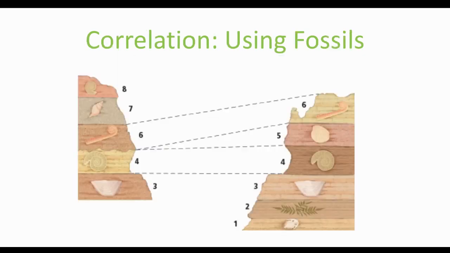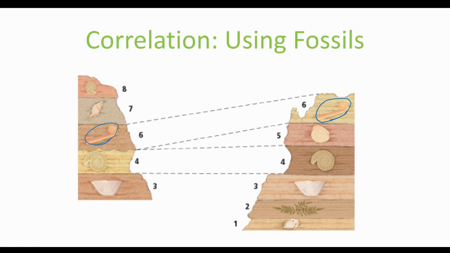We can also correlate using fossils. Correlating fossils from rock layers in one location to rock layers in another location shows that the layers were deposited during roughly the same time period, even though the layers are of different material. If we look at this fossil, we can see that it is in two different locations.